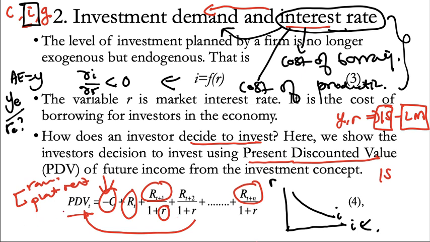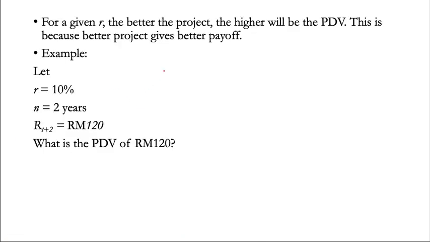Now, what's the opposite of PDV? The opposite of PDV here is future value, isn't it? Okay, so what's the formula of future value? All these things are not something new to you, and please try to recall this lesson and revise it again. If you look at the example here, this is one way to revise.